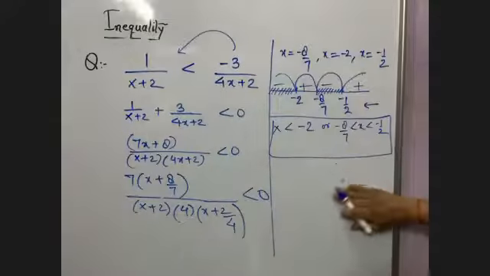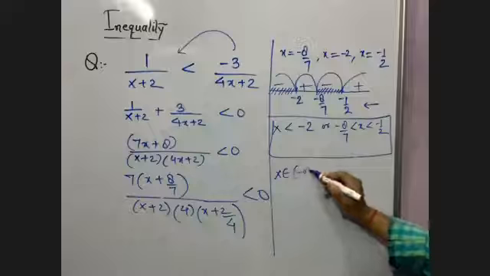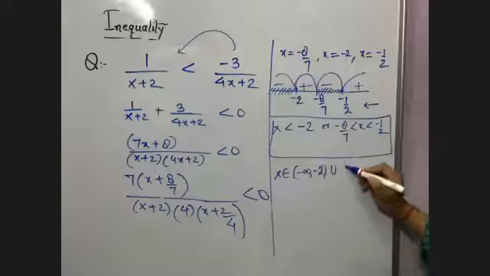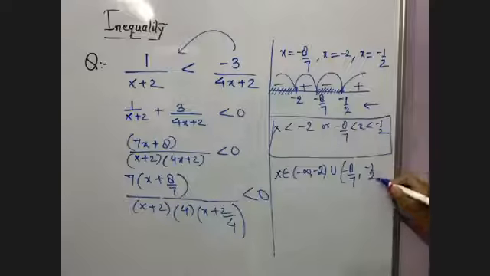Another way to write the same thing is to put a union over here: minus infinity to minus 2, union minus 8 by 7 to minus 1 by 2.